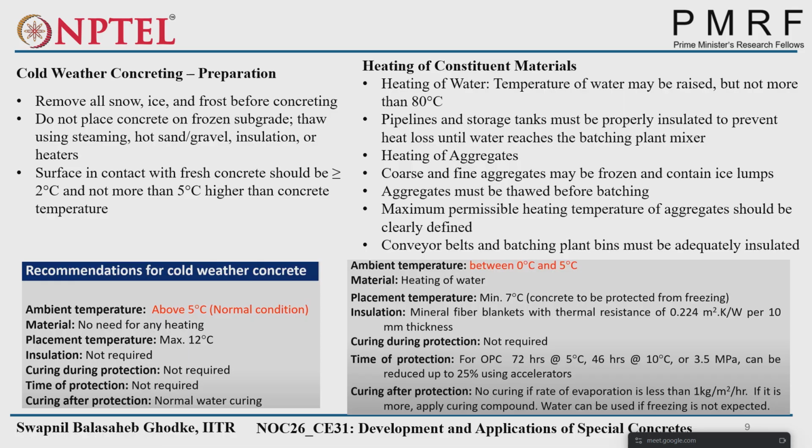And as we said, there are certain types of admixtures available which can accelerate the hydration process. If you are using that, this time may get reduced. Suppose we are using an accelerator so that hydration will be fast; then at 5 degrees Celsius maybe we have to protect the concrete for 50 hours only.